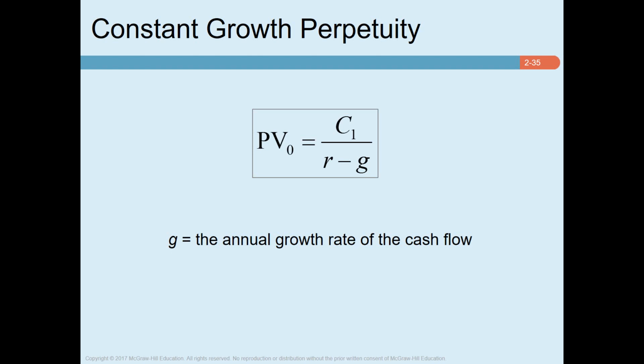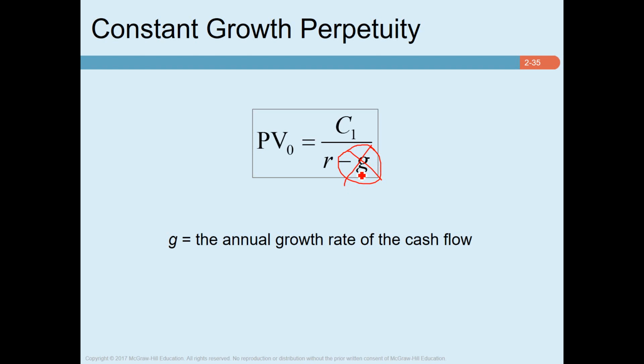If that's the case, then we get the present value using this formula. You can remember previously when we talked about perpetuity, the present value formula was the cash flow divided by the discount rate. We didn't have this part. So it was only cash flow divided by the interest rate, assuming that the cash flow will be the same every year.